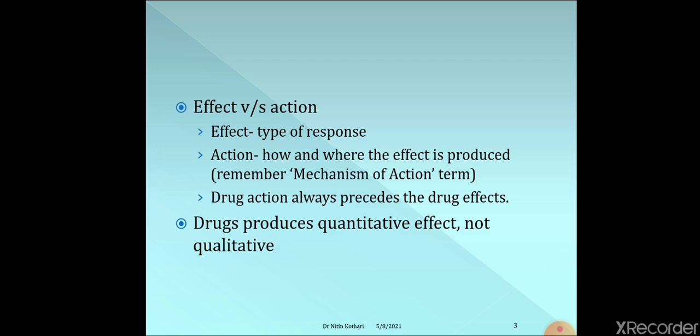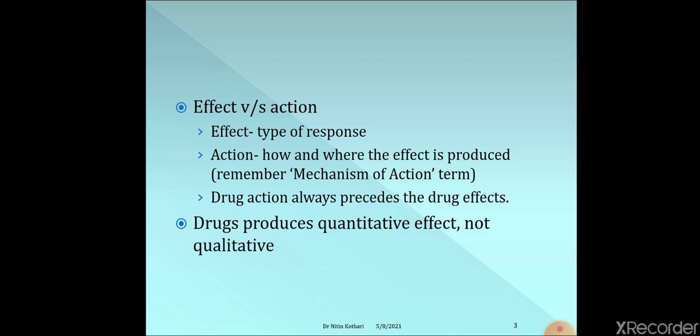This can be explained by an ACE inhibitor drug, an angiotensin converting enzyme inhibitor drug like enalapril, which is an antihypertensive drug. When it is taken by a hypertensive patient, it reduces blood pressure in that patient. So reduction of blood pressure is the effect of enalapril.